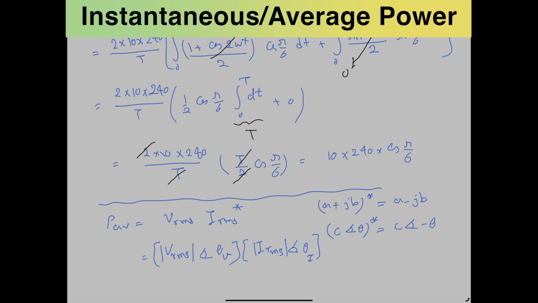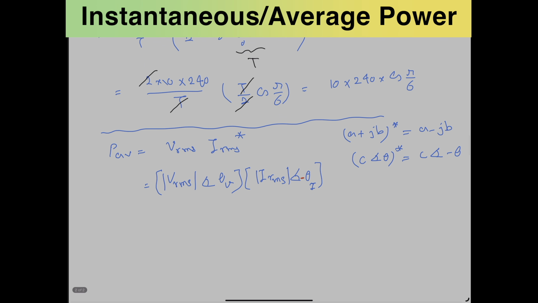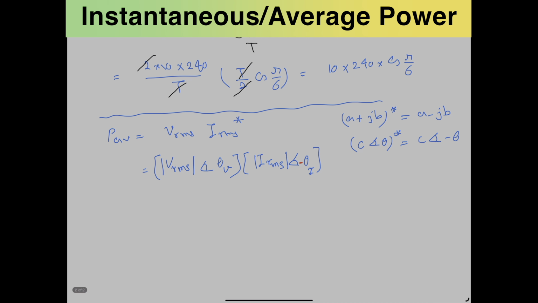However, we need to consider that theta I was going to be referring to only IRMS, but since we're considering the conjugate of that, we have to set a negative value for that. So the negative theta I. And so if you simplify this, we have VRMS absolute value, IRMS absolute value.